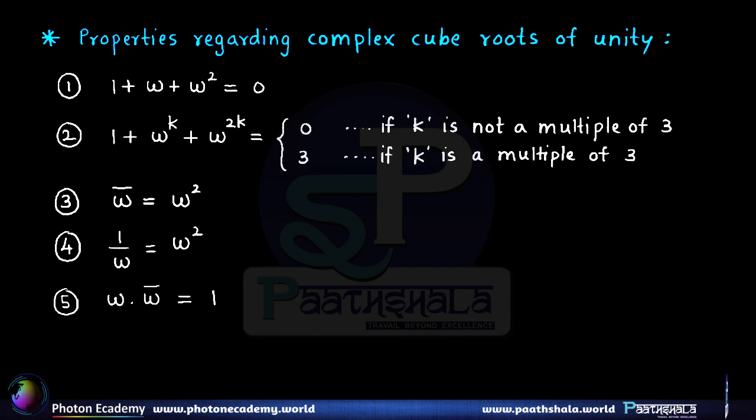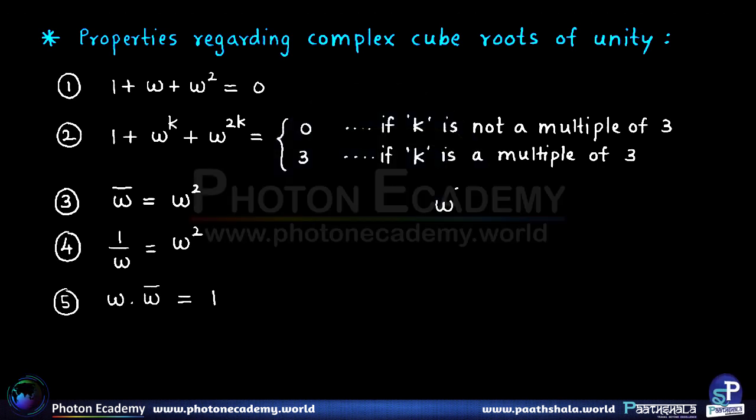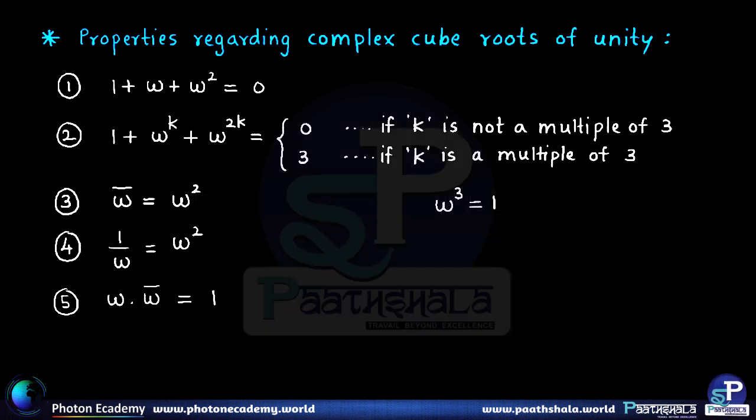Now this also directly comes from the fact that omega cube is equal to 1, because omega is nothing but the cube root of unity. So if k is a multiple of 3, then it automatically means 2k is also a multiple of 3. So each term on the left hand side is equal to 1, because it can be expressed as some power of omega cube. So we have the second property.